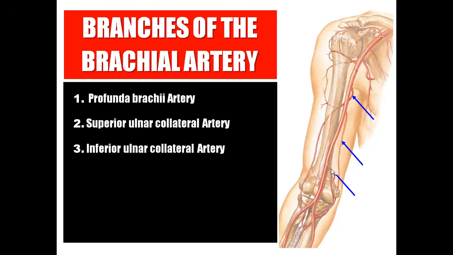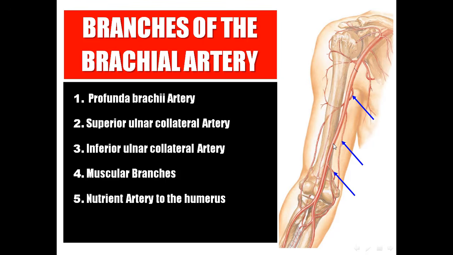Of course, it gives muscular branches, and it gives a nutrient artery to the humerus. So muscular branches to the muscles of the front of the arm, and the nutrient artery to the humerus, and the 2 terminal branches, radial and ulnar arteries.